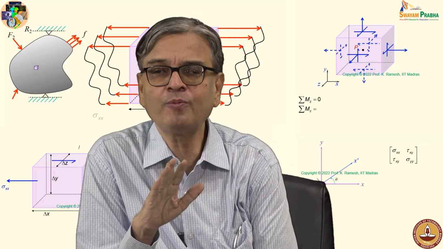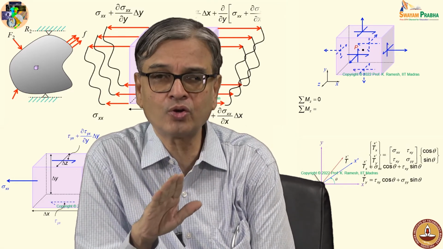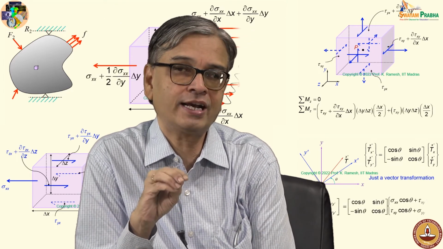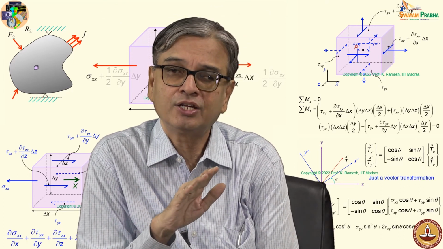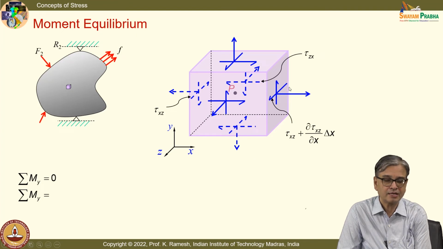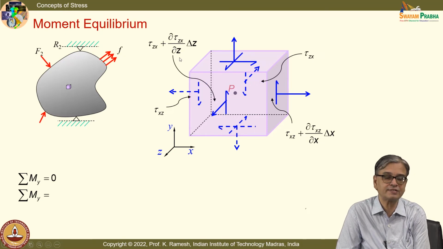To drive home this understanding, I am going slow and also repeating the expressions. If you understand the concept, you don't have to memorize. So similarly, I write what happens on the negative z plane, tau zx, and on the positive z plane, tau zx plus dou tau zx by dou z into delta z.